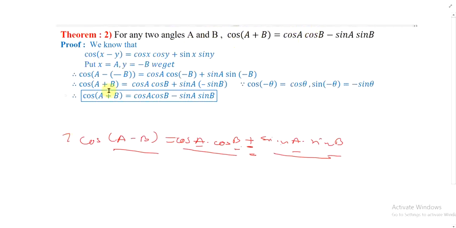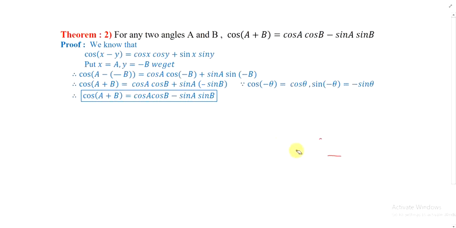Now here let us take cos(x minus y), the same result which we have proved here, cos(A minus B). And here we can prove the result in our own way also. How can we prove it? Now see. Let us consider cos(A plus B).